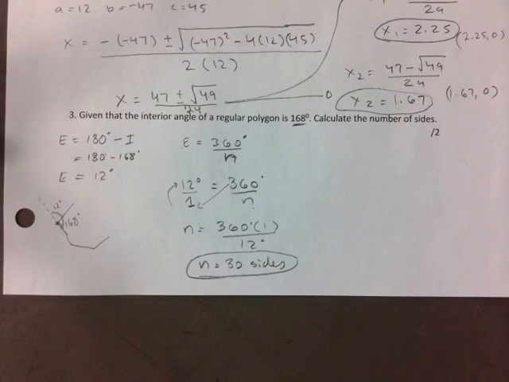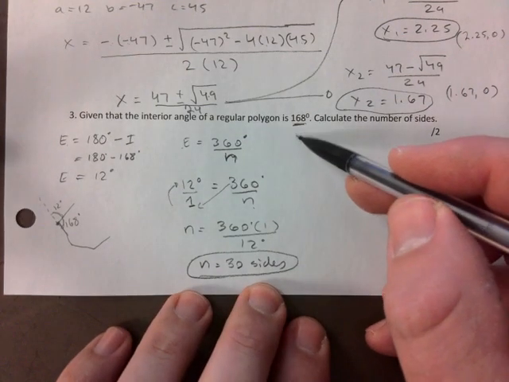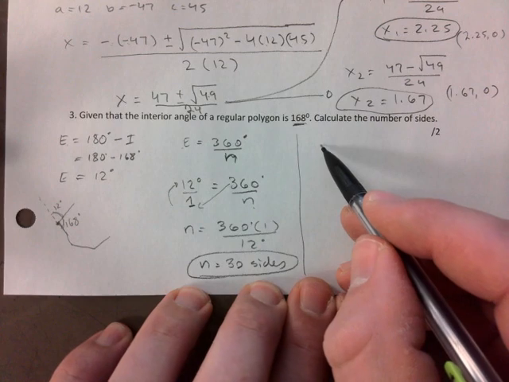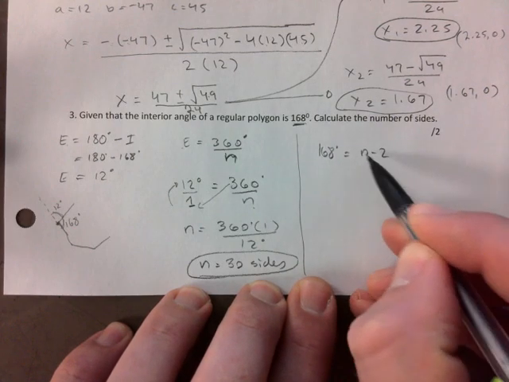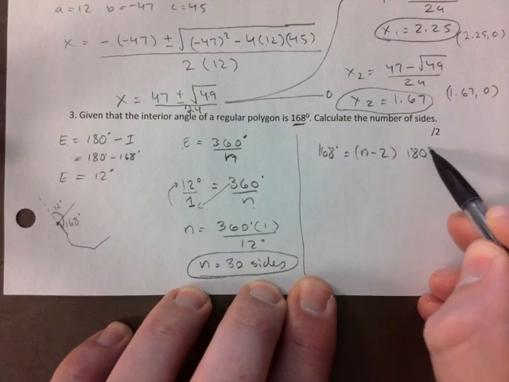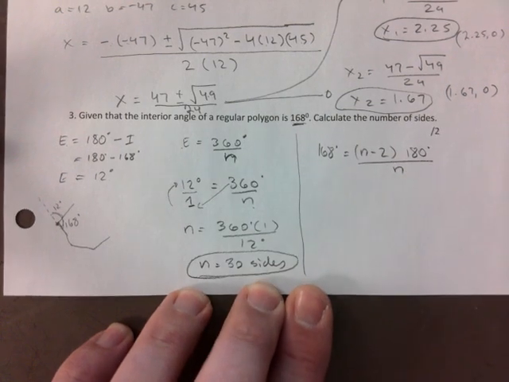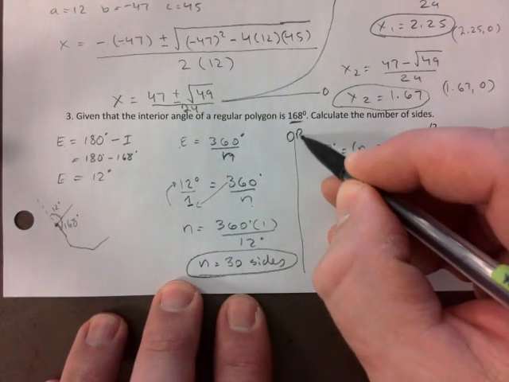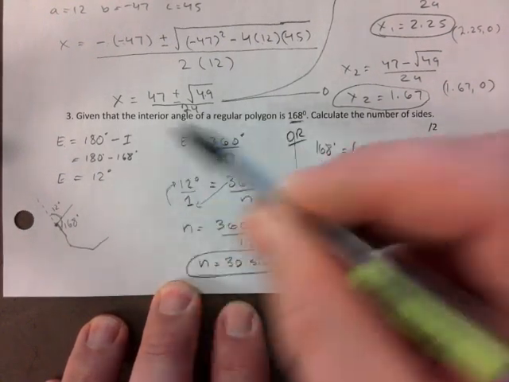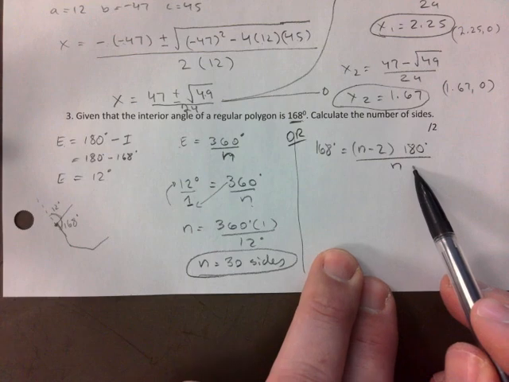There's a longer way using the interior angle formula. It's just a little bit more work. So the interior angle is n minus 2 times 180 over n. You can do it this way, or you can do it this way.